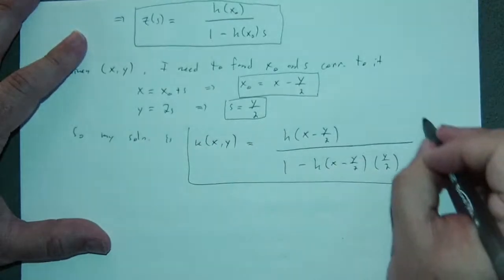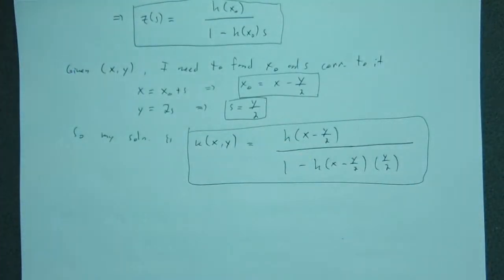So this is my solution. The only wrench that was thrown into my plans here was this last characteristic equation, which is now a first order ODE that was more complicated.